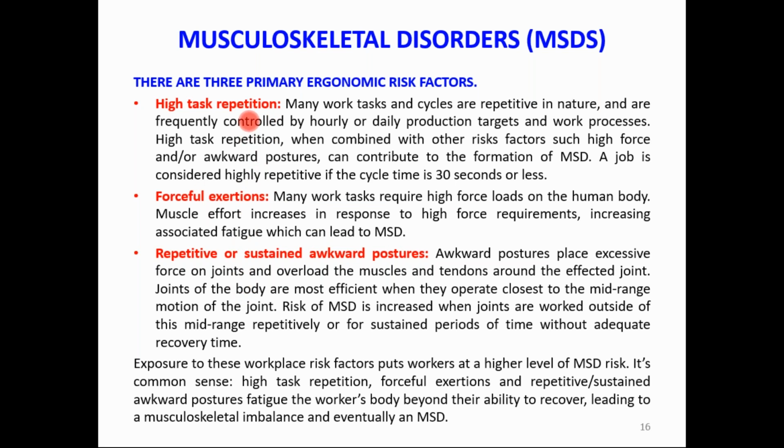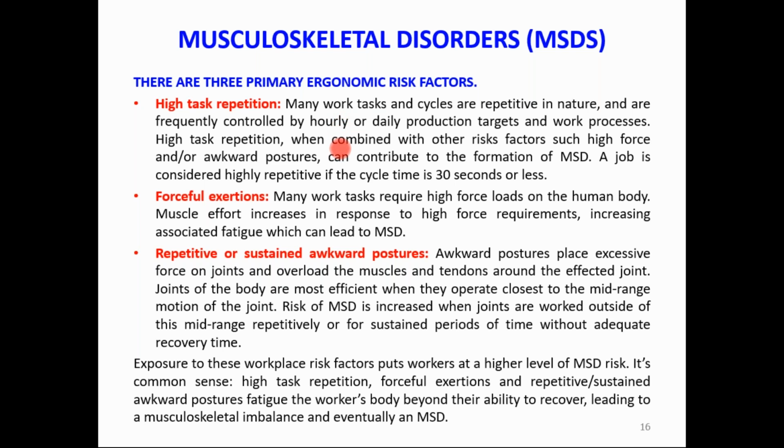Repetition is on the higher side if the same cycle is there, if the same work is done more than 1,000 times, or 100 times, depending on the conditions, and if it continues for 8 hours, then it is called high task repetition. Many tasks involve repetition cycles, controlled by hourly or daily production targets.